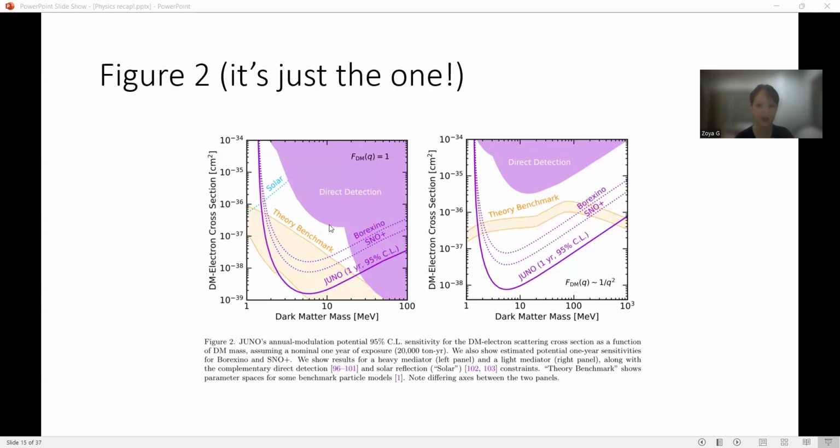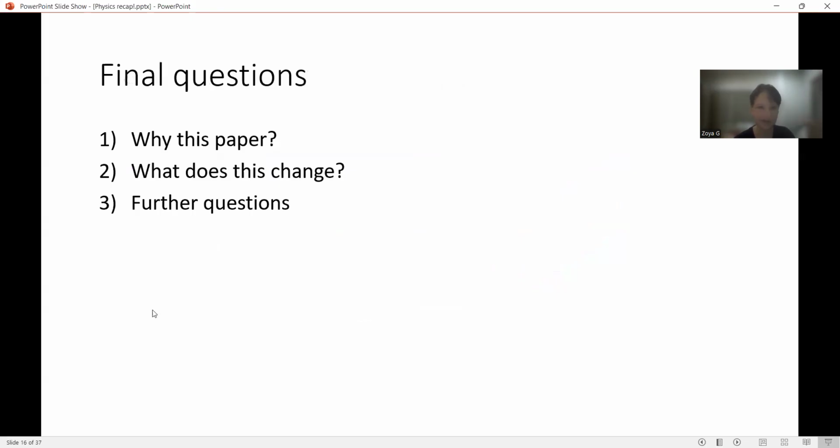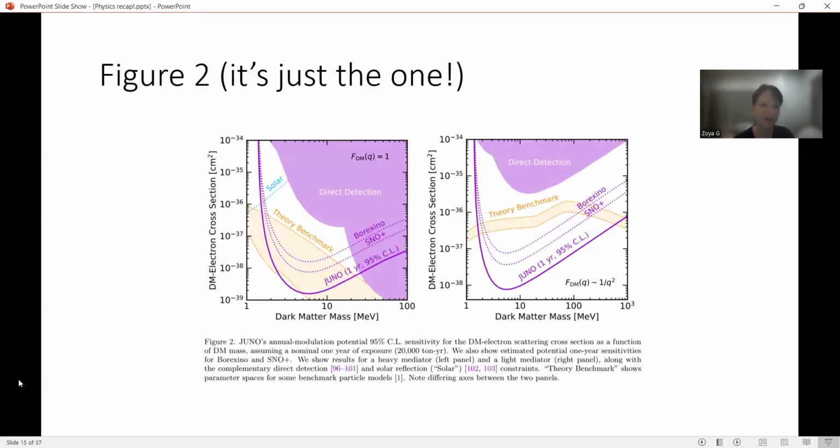So let's move on to the right panel then. At first, you may wonder how, or rather why, these graphs are so different. After reading the fine print, however, this fine print right here: heavy mediator versus light mediator.